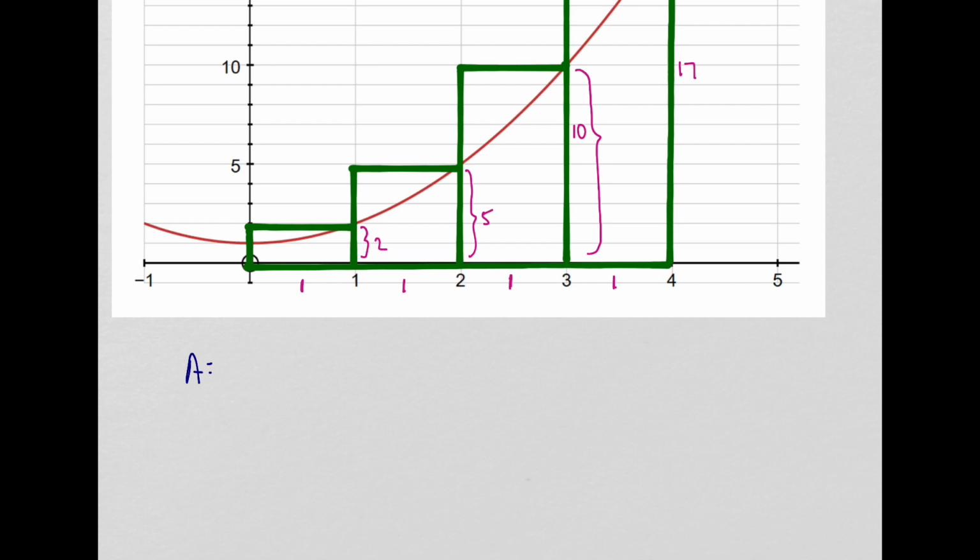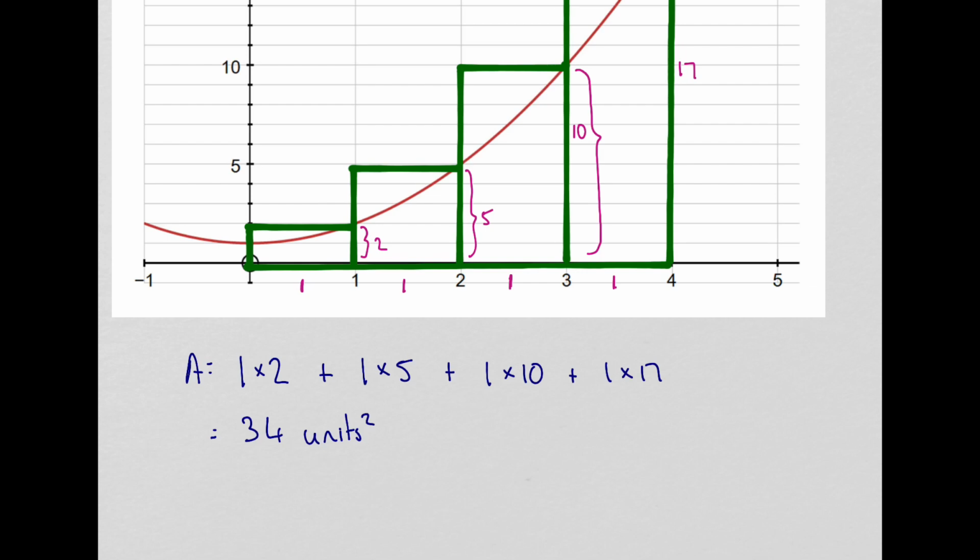So the first area is 1 times 2, plus the second rectangle, 1 times 5, plus the third rectangle, 1 times 10, and the fourth rectangle, 1 times 17. If we add all of those together, we get an area of 34 units squared.